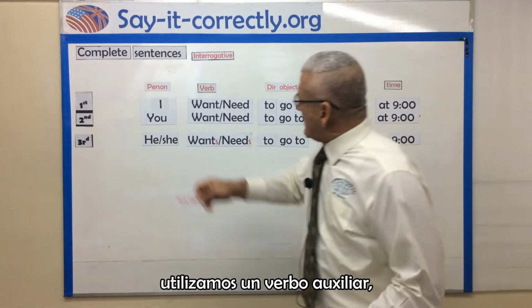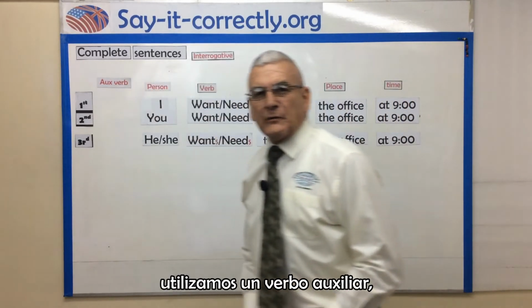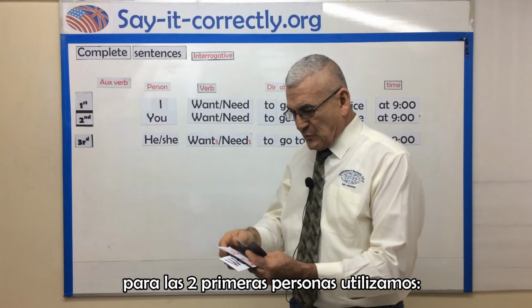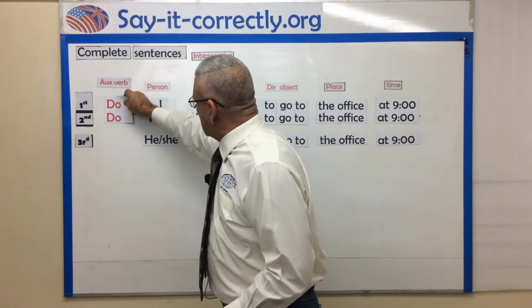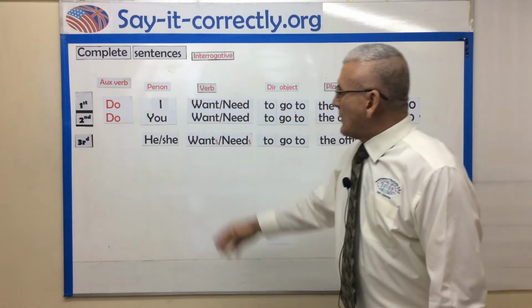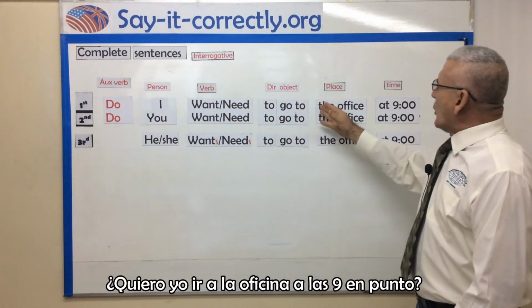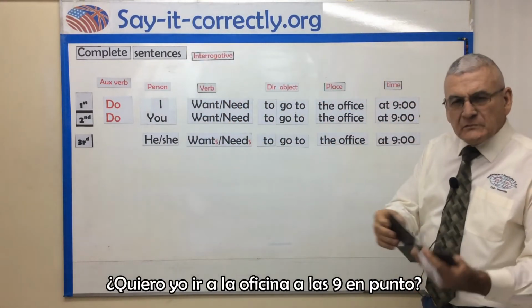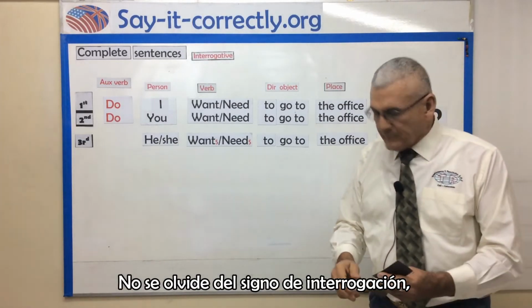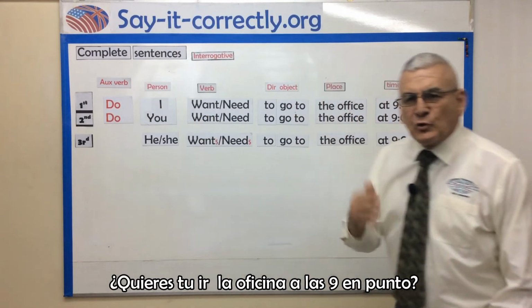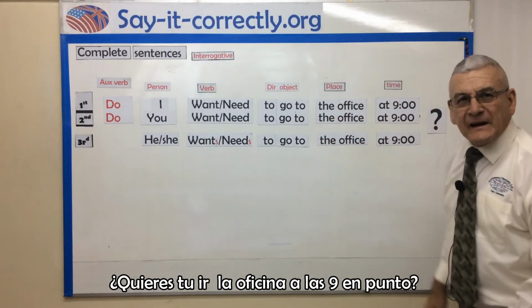We use an auxiliary verb. For the first two persons, we use do. Do I want to go to the office at 9 o'clock? Don't forget, question mark. Do you want to go to the office at 9 o'clock?